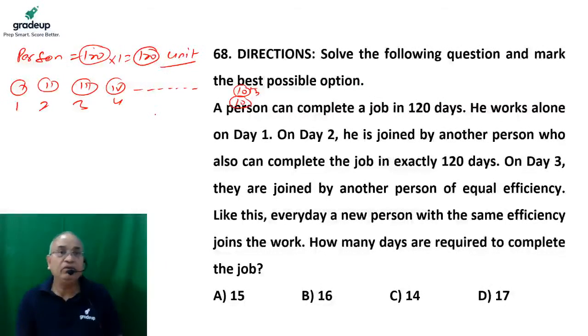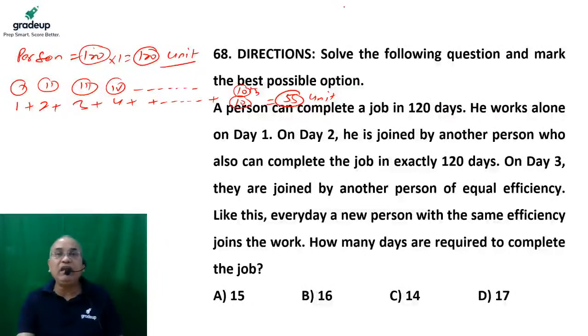Every person has equal efficiency, so every person will do 1 unit of work. So in 10 days they have completed the sum of all the values from 1 to 10, so 55 units of work.